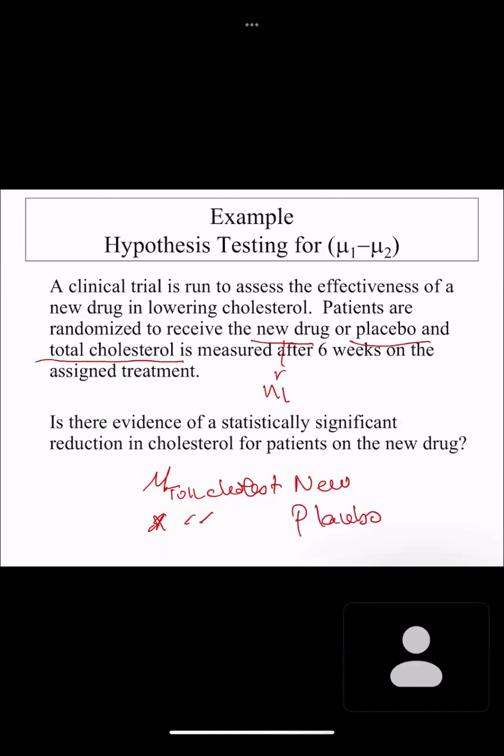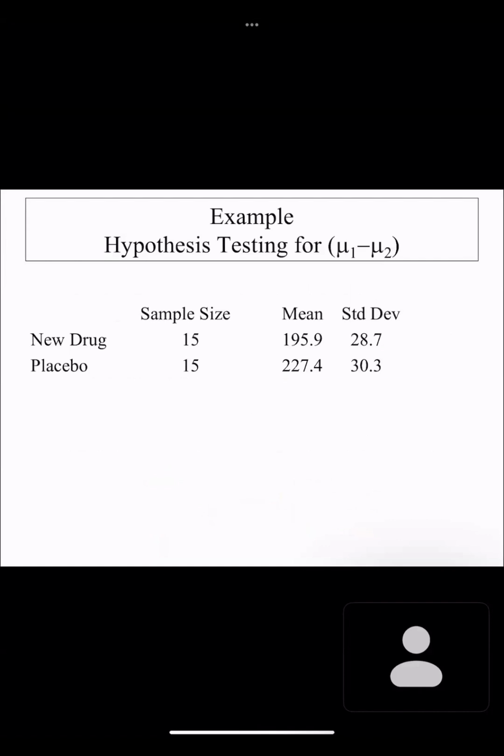I wouldn't give nothing to patients, but I would give them maybe the old or the regular one that they take, and we'd like that mu1 to be less. Why less? Because we're talking about reduction in cholesterol, right? So we expect that the cholesterol will be less in the new drug compared to the placebo or the old drug.